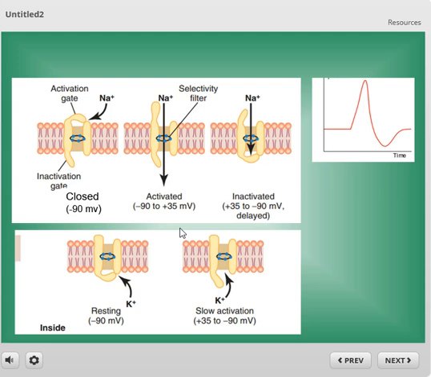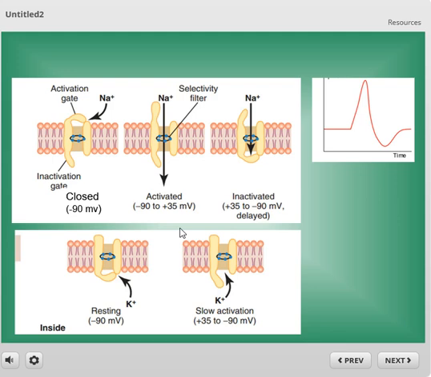This picture shows the model of activation of these channels. As you see, the figure above shows the sodium channels. The sodium channels have two gates, an activation gate and an inactivation gate.